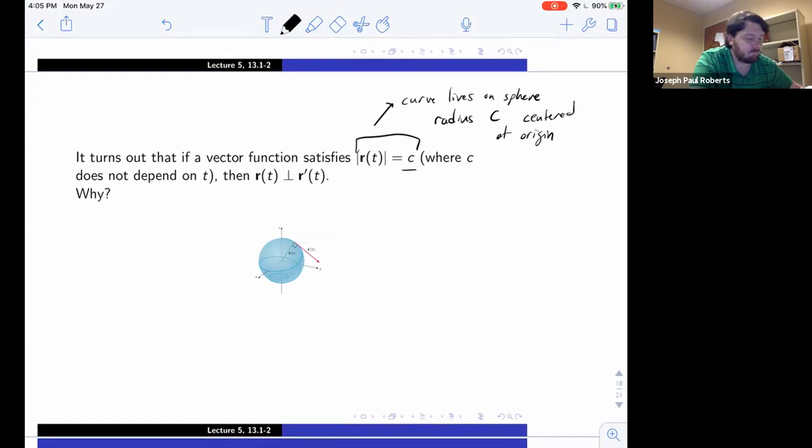And so it's going to follow from one of our product rules from the previous slides. So recall, one of the things we talked about with dot products is that when you dot a vector with itself, that's the length of that vector squared.